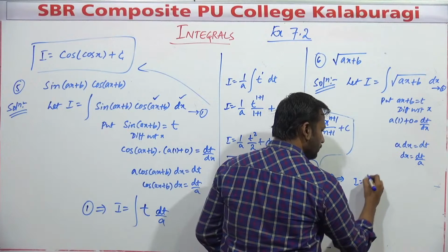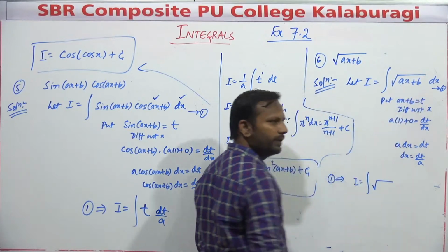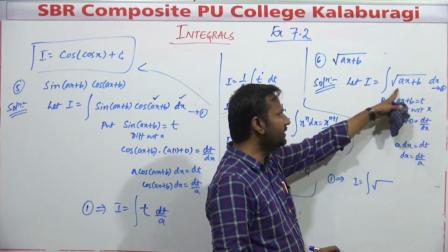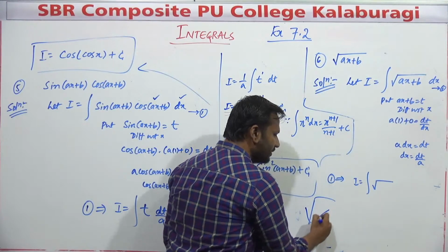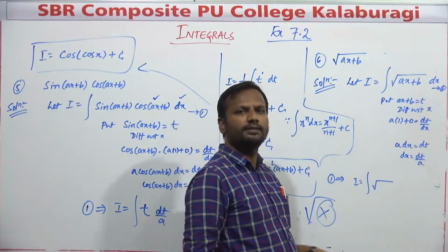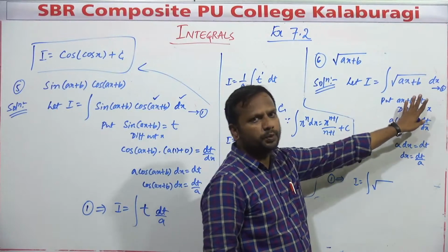So I equals integration of root of this slightly complicated one, which we took as the inner function. It is a composition form, yes. It looks like root x, and inside the root is ax plus b, that's why we took it as t. In the function, we always make the substitution.